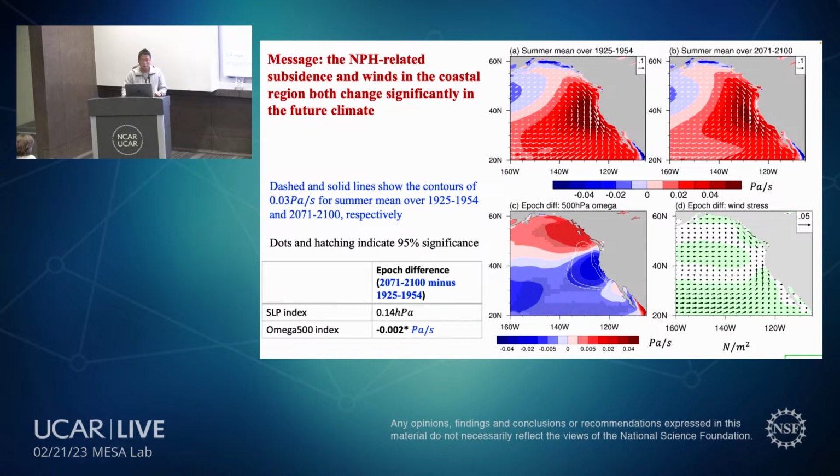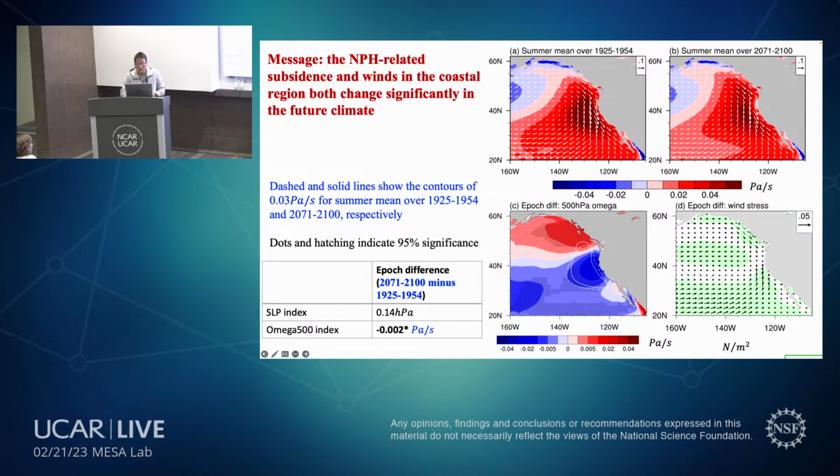On the other hand, we do see significant future change in 500 hectopascal vertical velocity and surface wind stress in the bottom two panels. In the upper two panels, it's the summer mean state from the earlier and the later future epochs.